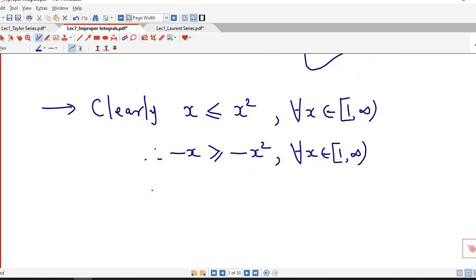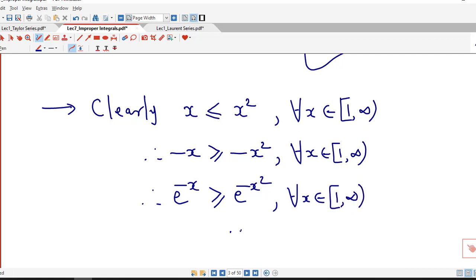Now e raised to x is an increasing function, so if we consider e raised to minus x, then it is always greater than or equal to e raised to minus x square for every x in 1 to infinity. Here we are using the fact that the exponential function is increasing on this interval.